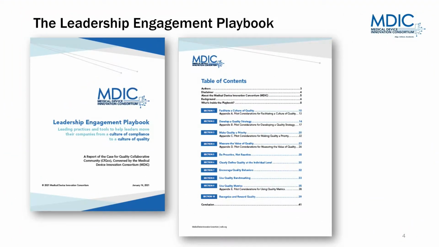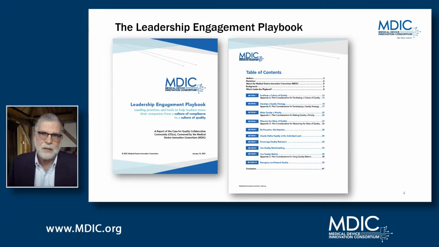But the fact that this wasn't universally accepted, and the fact that other areas such as measuring the value of quality weren't really scoring very well, we felt that it's probably worth it to focus our first in the series of webinars on this idea of creating a culture of quality. It's an important first step, and from there, all these other quality initiatives could follow. So the playbook is available. There's a link on how to get to the playbook at the end of the presentation today, or end of the discussion.